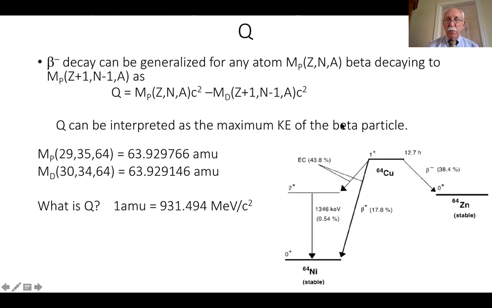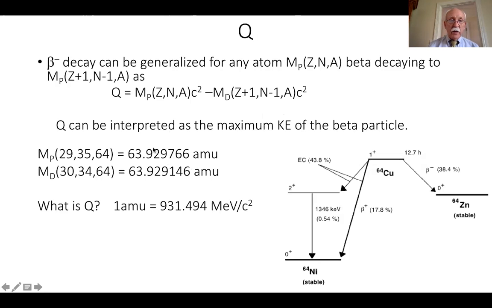So we can have a beta particle that has almost no kinetic energy, and a neutrino that has almost all of the energy, but it just never has any mass to speak of. So we like to think of Q as the maximum energy of the beta particle because that's something that we can measure.